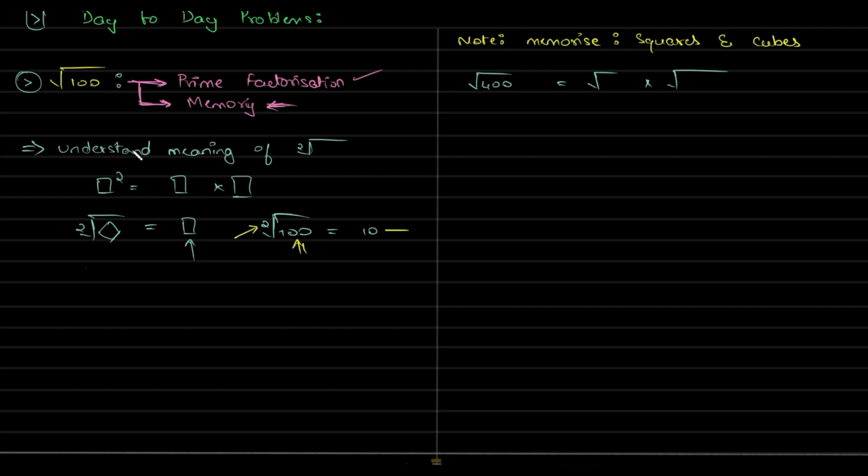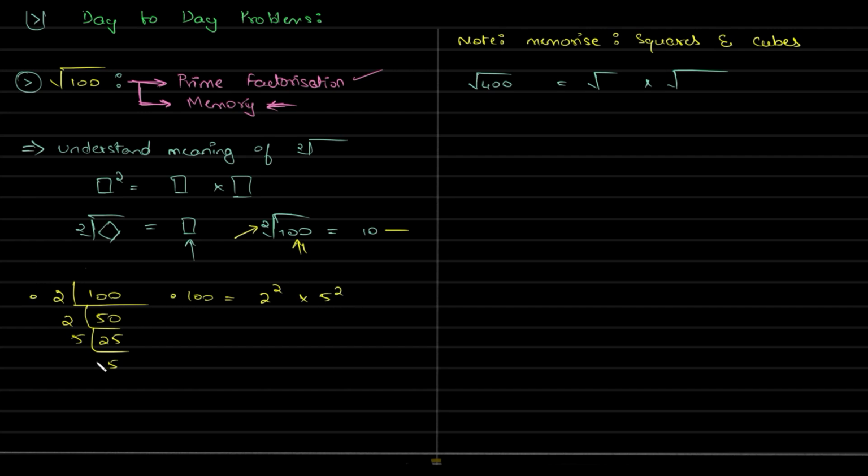Of course, there are other ways of finding roots, but prime factorization is one of the easiest ones. So factorize this. What does it mean? Well, we need to divide it and find the prime factors, right? So 100 in its prime factor form is 2 square into 5 square.